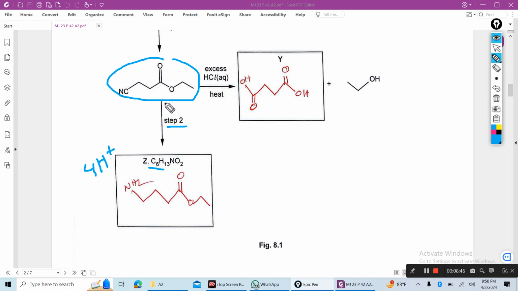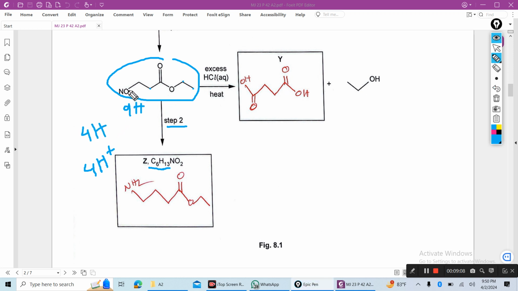Here 3, 5, 7, 9 hydrogen, but here 13 hydrogen, so 4 hydrogen will be increased. Why?